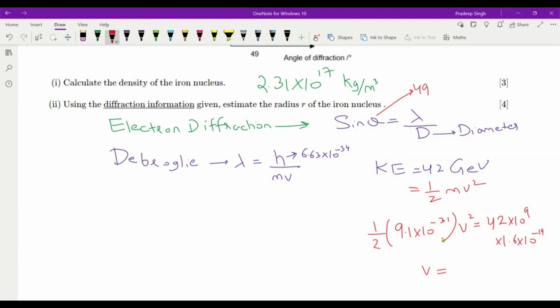1.2 into 10. No, that doesn't make sense. I'm breaking the speed limit. Okay, so resolve. I'm still getting 1.2 into 10 raised to 11.